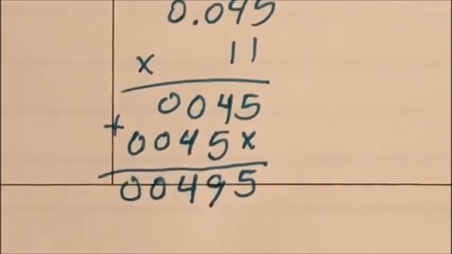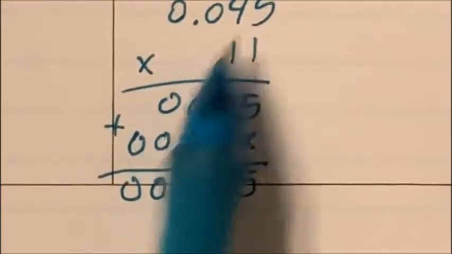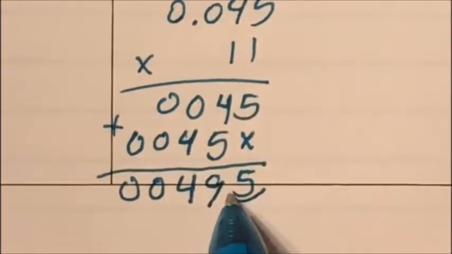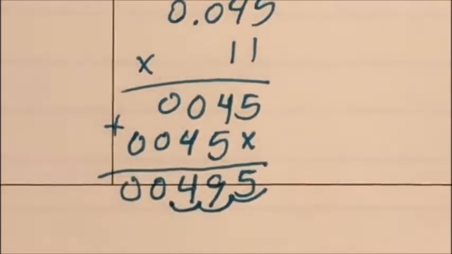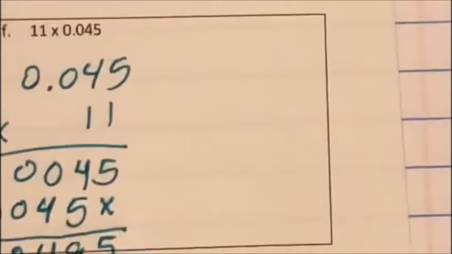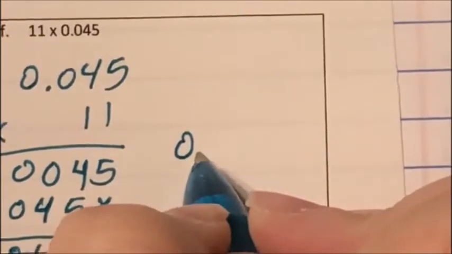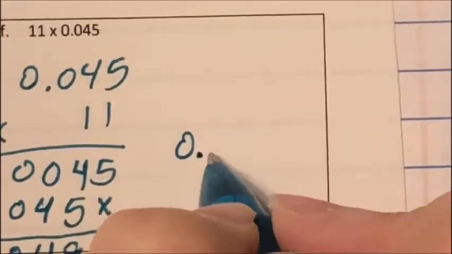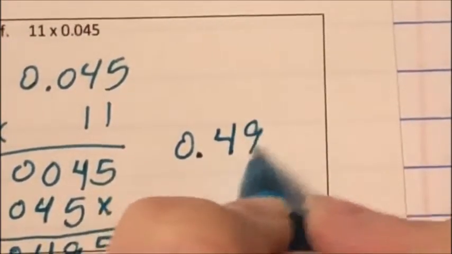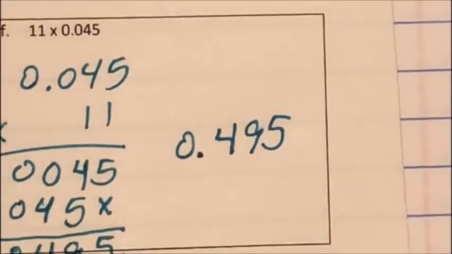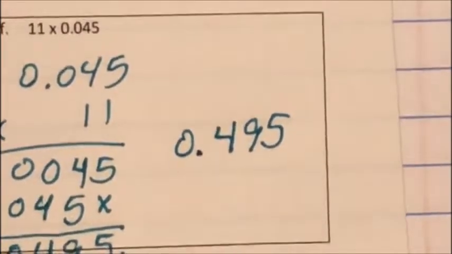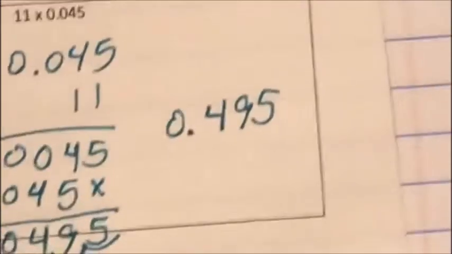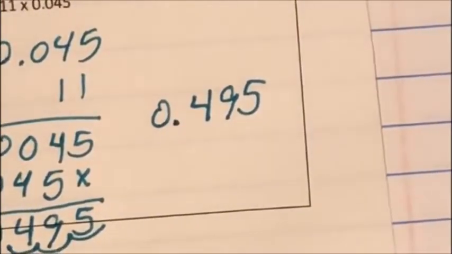I get these 2 zeros. There were 3 spots, so I move it over 3 times. So my final answer is going to be 0.495. You noticed in this problem there are 2 extra zeros. I can actually get rid of one of them because it doesn't make sense to write 0.4950. Same thing. Okay, that is the end of lesson 3.